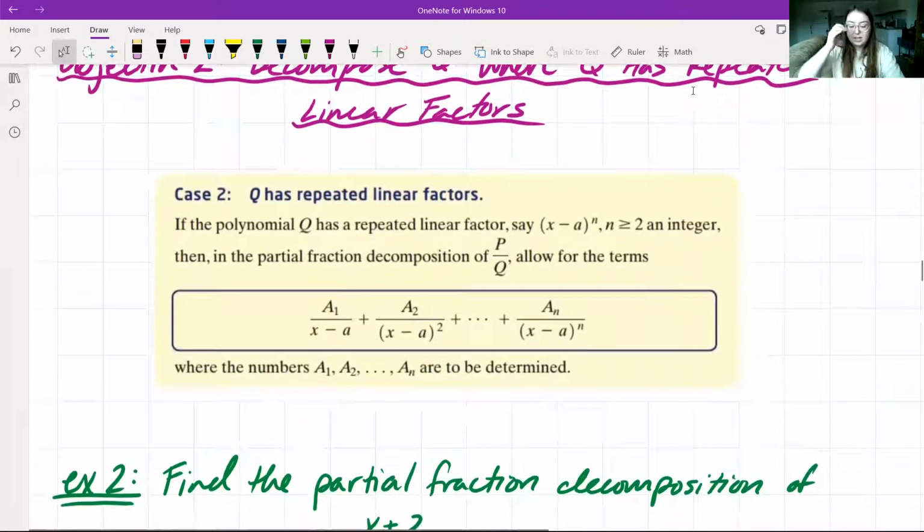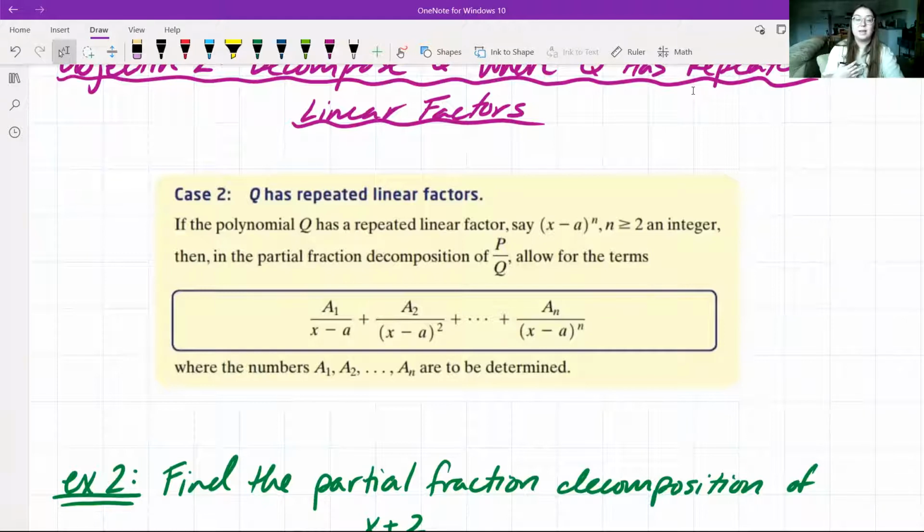So for case 2, where Q has repeated linear factors, if the polynomial Q has a repeated linear factor, say x minus a to the power of n, where n is greater than or equal to 2, an integer, then in the partial fraction decomposition of P over Q, we allow for the terms a1 over x minus a plus a2 divided by x minus a squared plus all the way up until you get to an divided by x minus a to the power of n, where the numbers a sub 1, a sub 2 to a sub n are going to be determined.